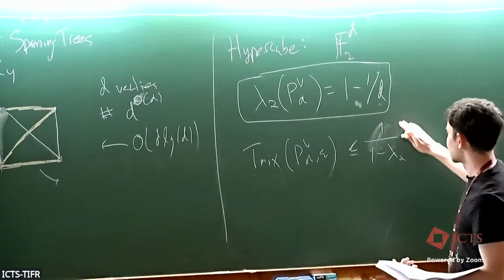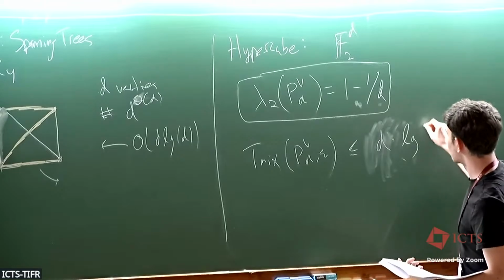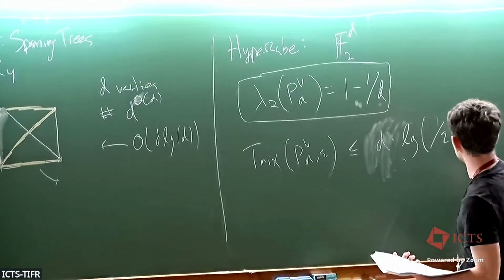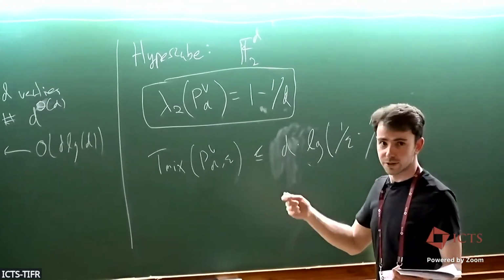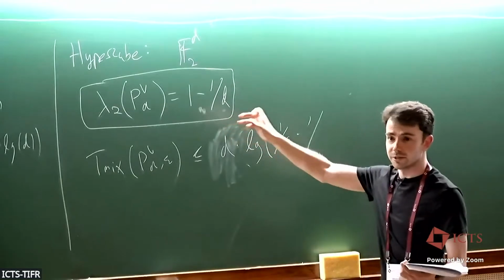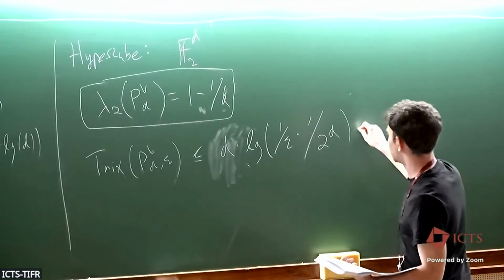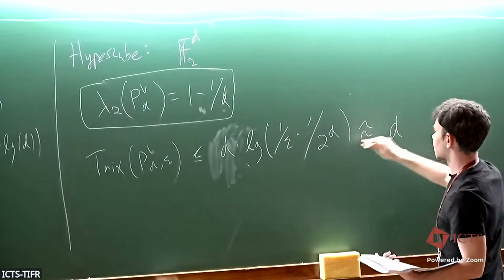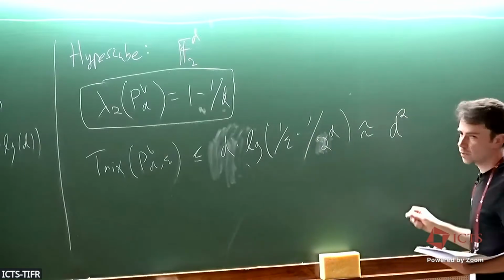So this is d times log of 1 over epsilon times 1 over the smallest probability in the support. In this case, there are 2 to the d possible strings, so this is 1 over 2 to the d. This is the cube. So this is roughly d squared that it would get us.